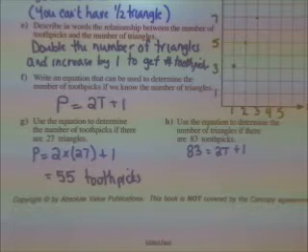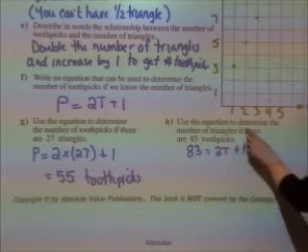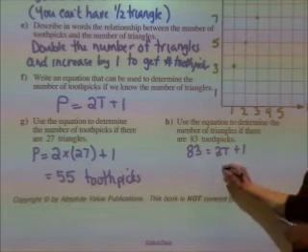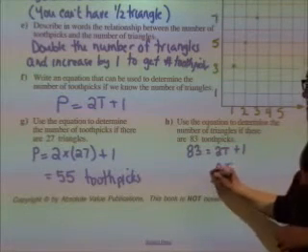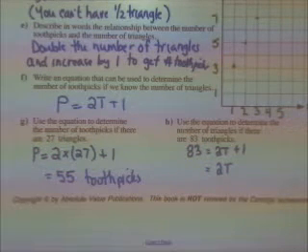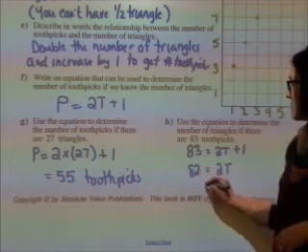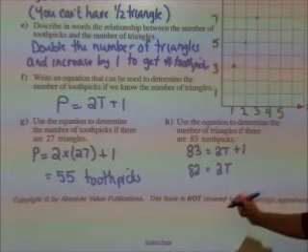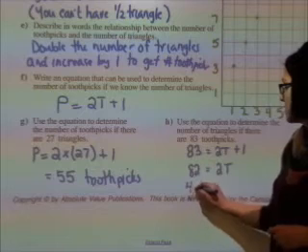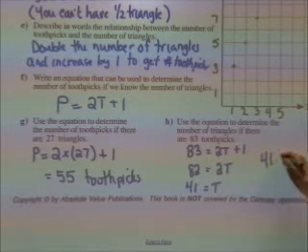I want to get T by itself, so what do I get rid of first, the 2 or the 1? Subtract 1 from both sides. I don't necessarily need to show that I'm subtracting the 1, but when I subtract 1 on both sides, what am I left with? And when I divide by 2, what am I left with? So I have 41 triangles.